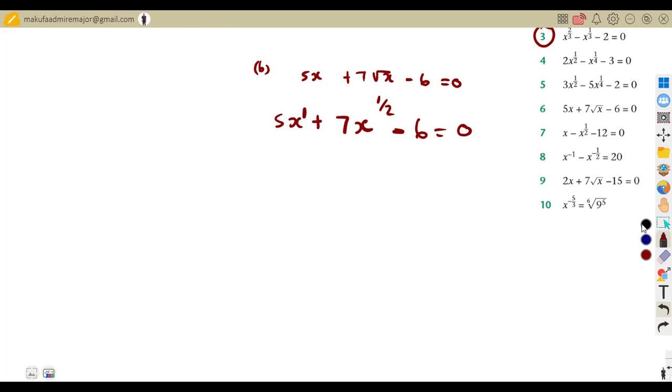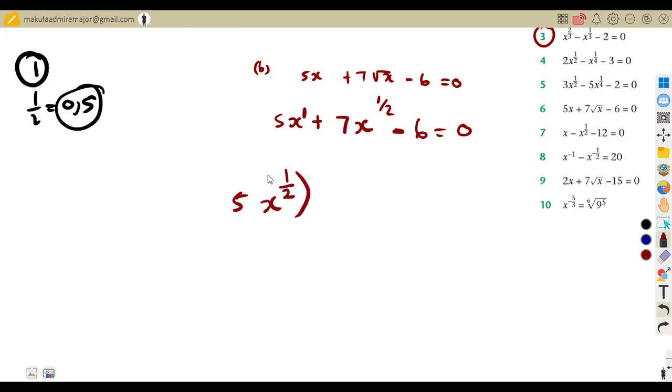So you're comparing. Remember, I said you have to compare 1 and a half, the exponents. Which one is bigger, 1 or a half? A half, which is same as 0.5. 0.5, guys, is a decimal. So 1 is bigger than a half. So we are supposed to write this one here in terms of a half, like I said previously. So it's going to be 5x to the exponent of the smaller one, which is a half.